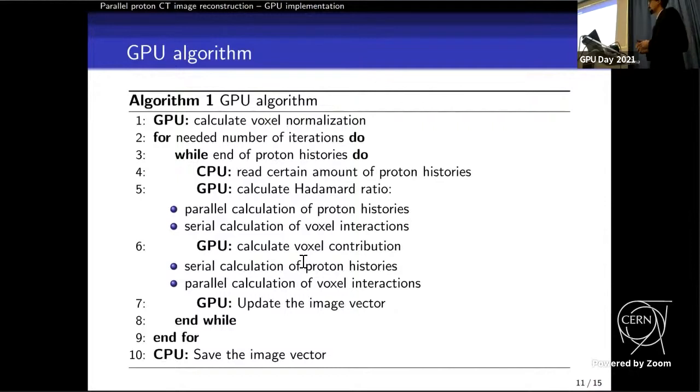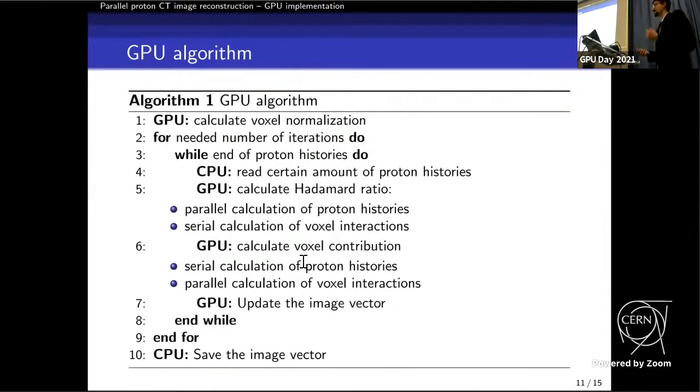And the reason is to avoid race conditions, as two protons can interact with the same voxel, and if different threads would calculate the interaction of the voxel and the proton at the same time, it could happen that two threads would like to update the same element of the ratio vector at the same time.